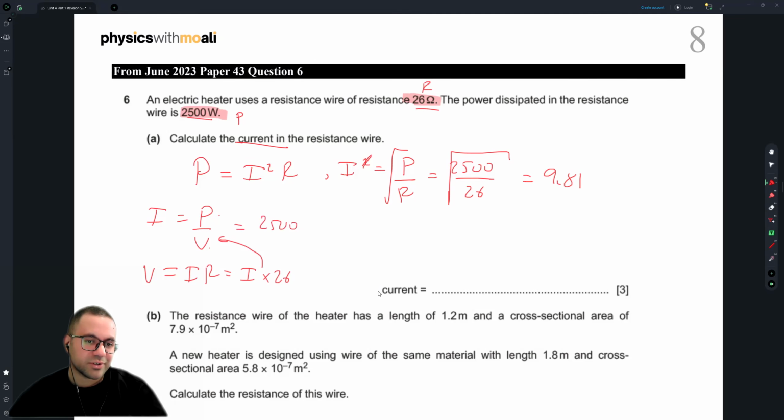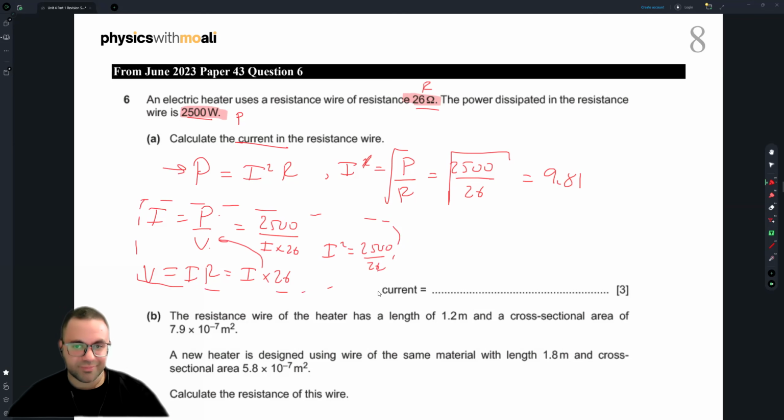So it's 2,500 over I times 26, which gives you I squared equals 2,500 over 26. You can do that, or you can memorize all the equations and choose the easiest one. So 9.81 ampere.